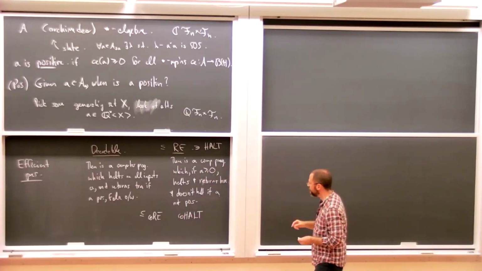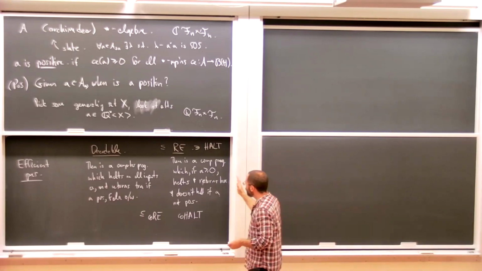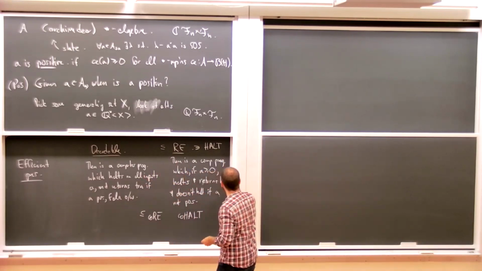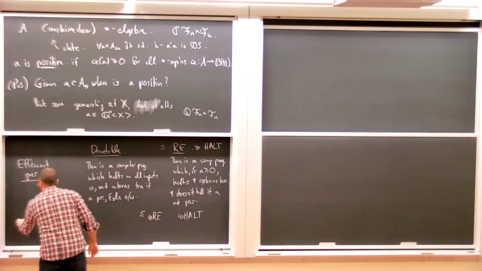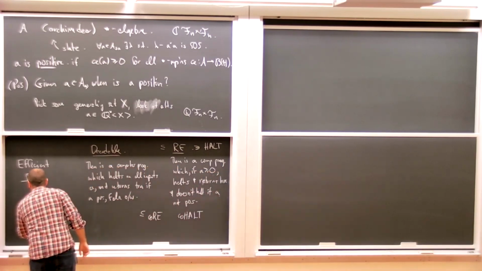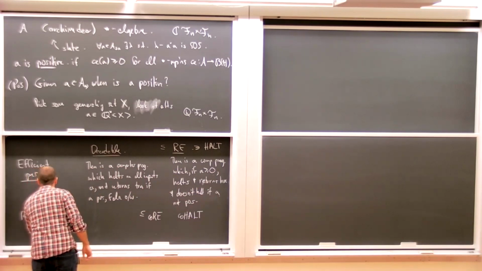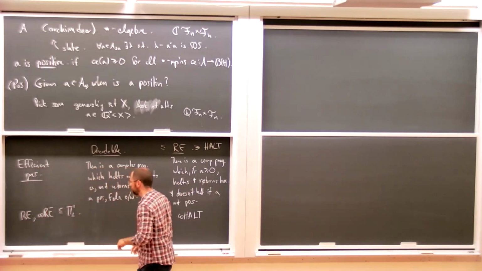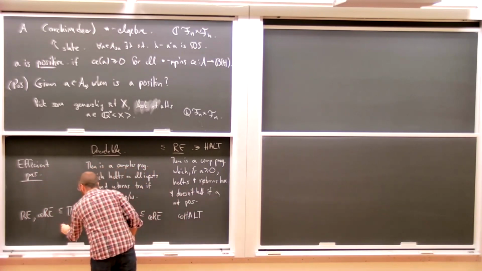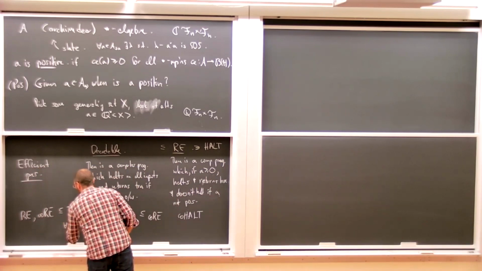And finally, both of these, I was going to move this over more so that I would have one more column here, but maybe I'll just fit it in over here. RE and co-RE are both contained in a larger class, well, more than one, but I'm going to highlight pi02 here. So this is the sentences of the form for all, there exists.